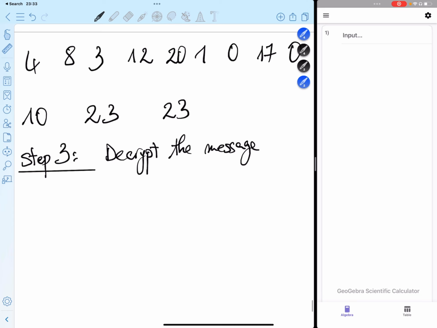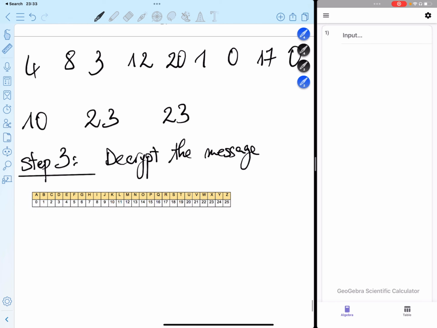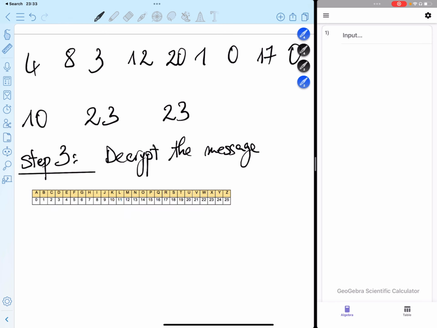Let me write it in blue. The number 4, I can see it here, is E. Number 8 is I.